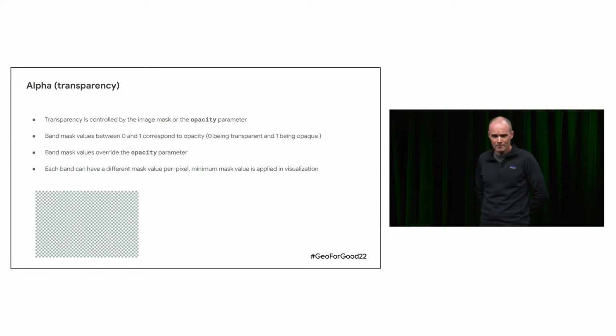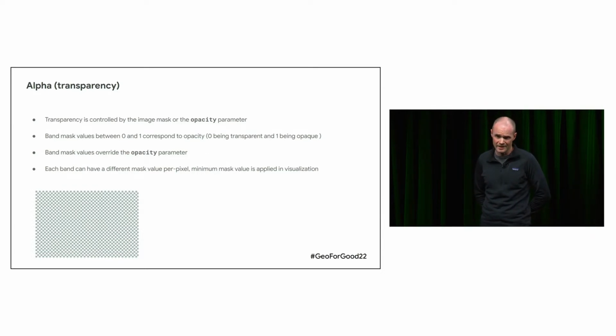And we also have the option to add transparency to our imagery using an alpha channel, and then it would be a PNG image that you're viewing as map tiles. And transparency is controlled by image band masks and the opacity parameter. Band mask values between 0 and 1 correspond to opacity, 0 being transparent and 1 being opaque. And you could have any decimal value in between.